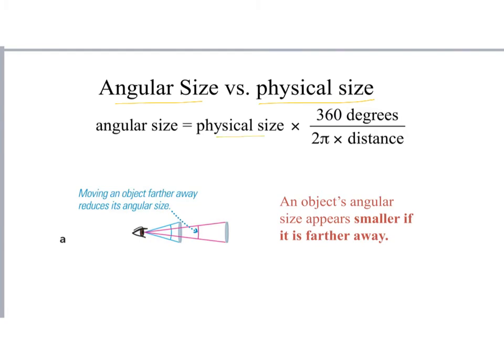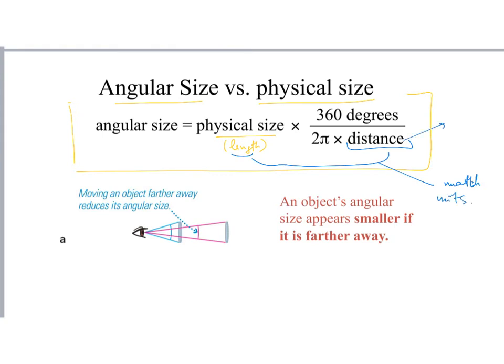So that's a length or a side. And so we have this beautiful formula. I wanted to draw your attention to the fact that this distance and the length, you need to match the units.